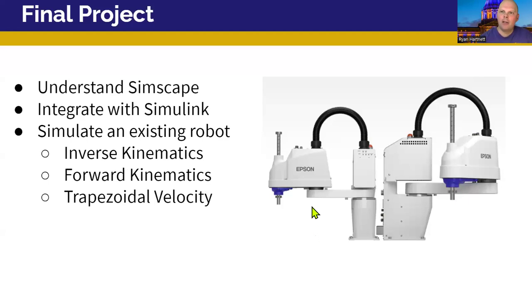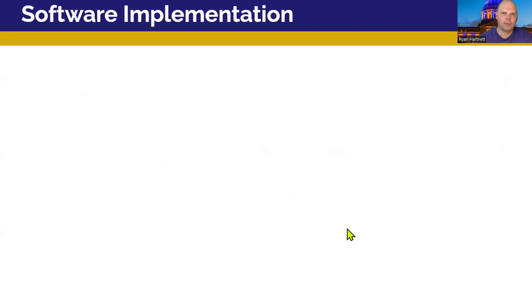We also utilized trapezoidal velocity profiles, which smooth the motion of the robot and give it a better response than just doing a linear pathway. Last, we use waypoints to move the robot around to the desired path or points that we wanted the end effector to end up at.